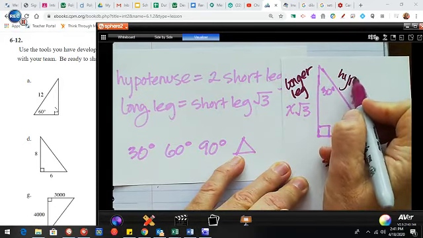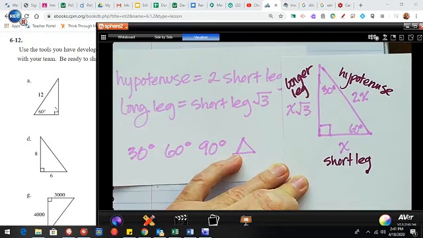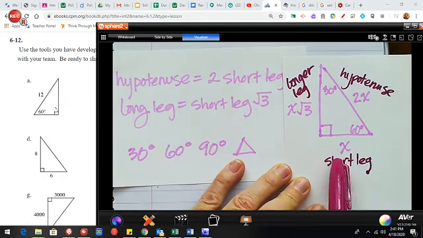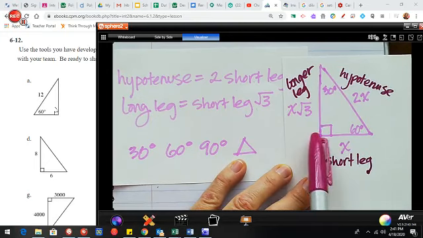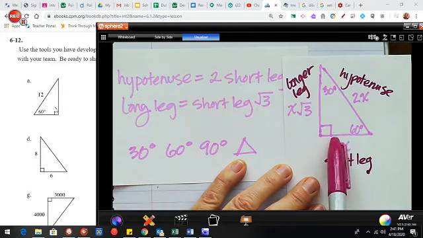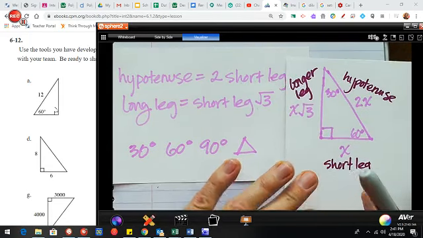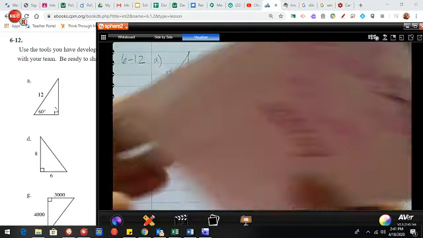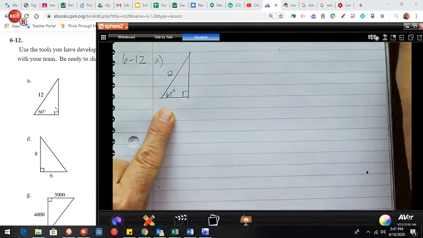Your hypotenuse is always double your short leg, and your longer leg is always your short leg times the square root of 3. If you only have one side in a 30, 60, 90 triangle, you can find all the other sides by using this pattern. Let's just go to our example here.